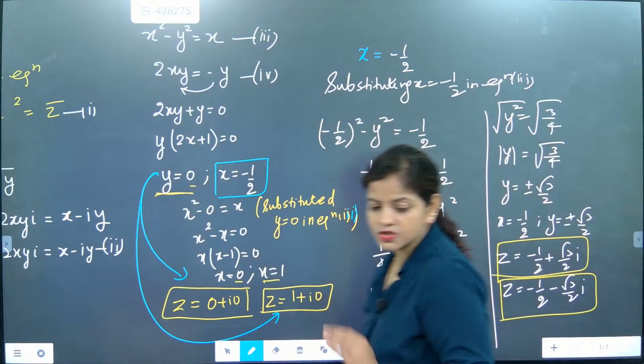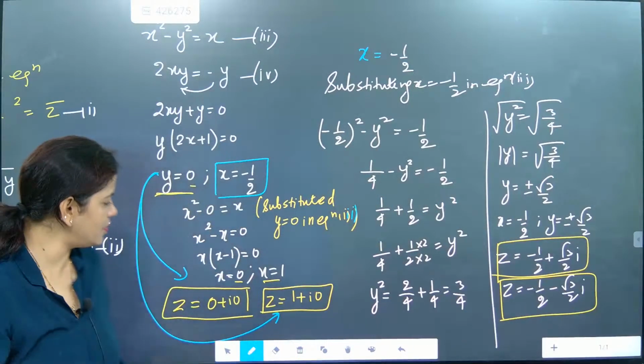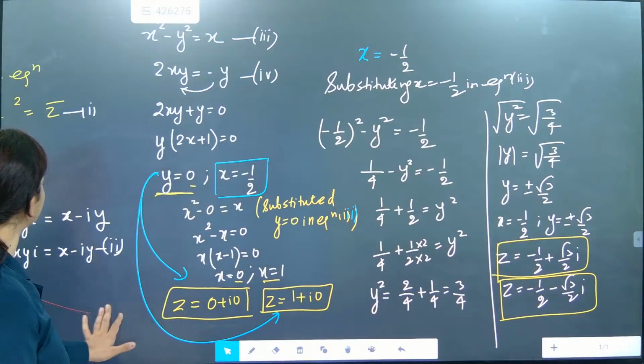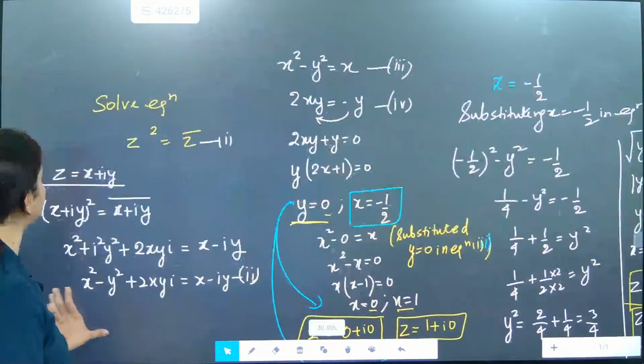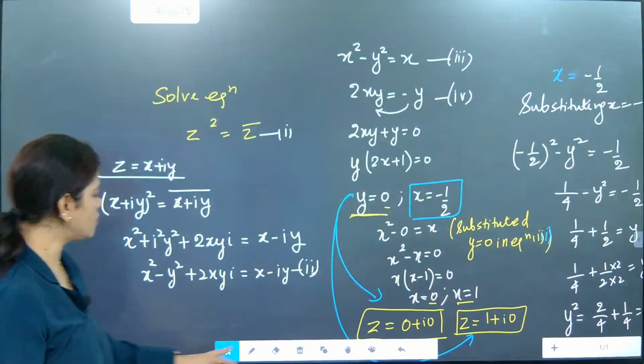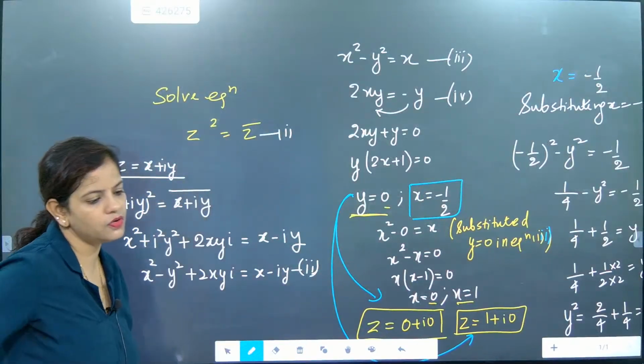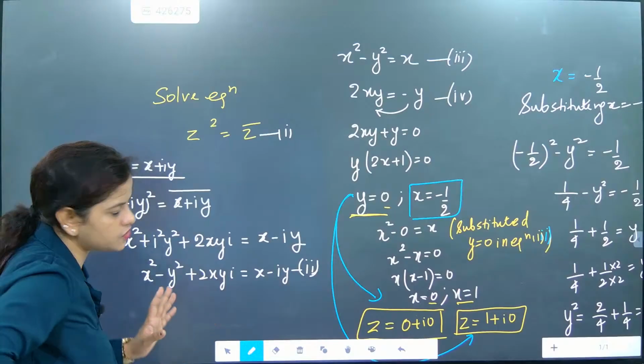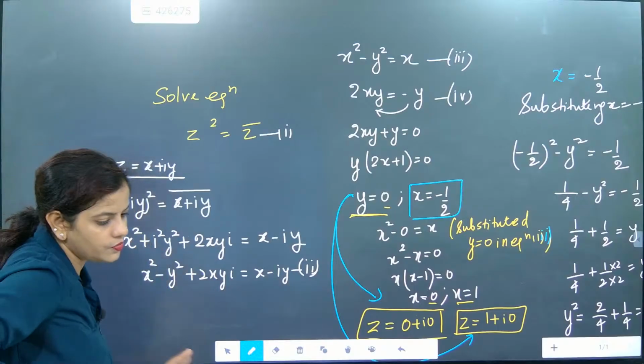So actually solving for x means trouble for you. Now look here, beta. The question was very simple. They told us to solve z square is equal to conjugate of z. That was the only part. What did we do, beta?